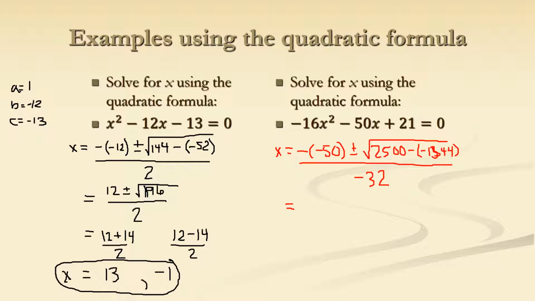This is why knowing your factoring is a much better idea. So now I have 50 plus or minus the square root of 3,844 over negative 32.